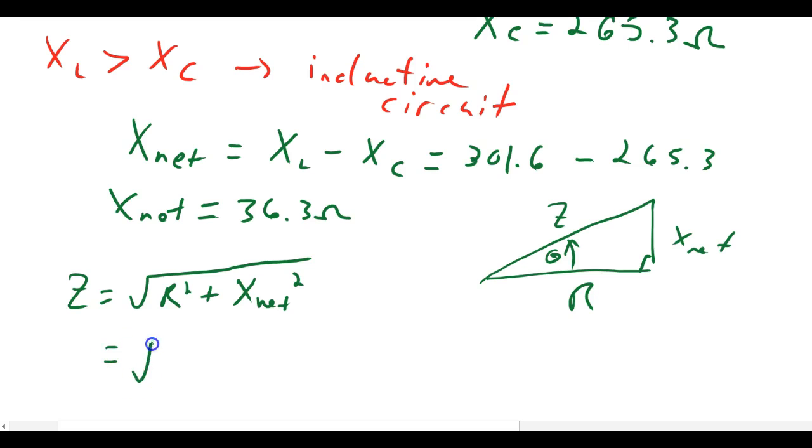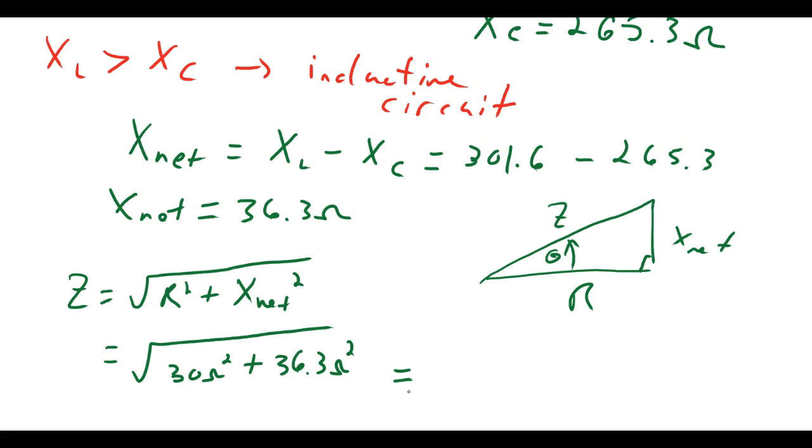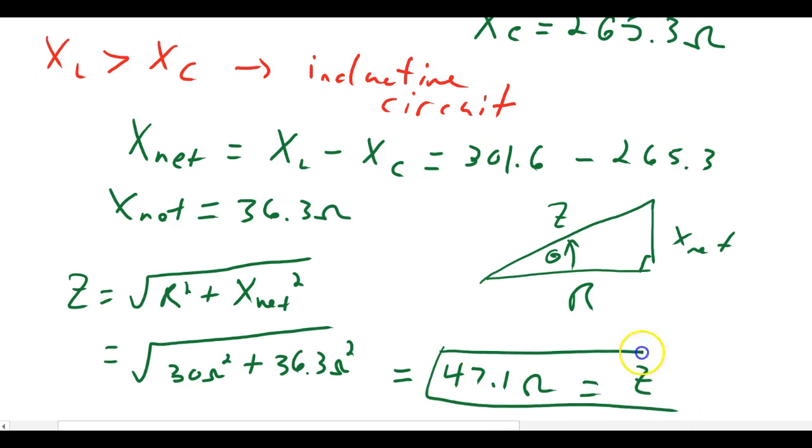So we have the square root of the resistance, given as 30 ohms, squared plus X net, 36.3 ohms, squared. And if we work that out, we should come up with an impedance of 47.1 ohms. Z then is 47.1 ohms.